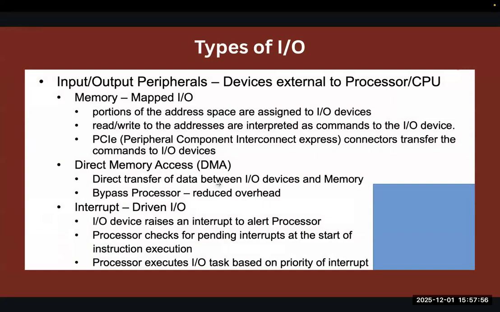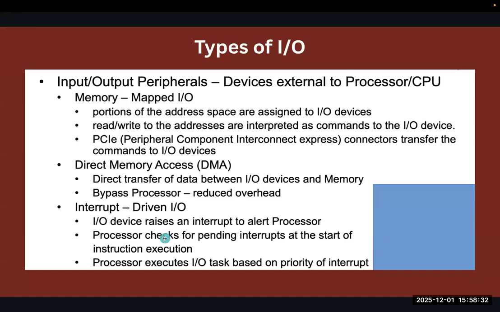Then we have types of I/O. How these different types of I/O interact between the processor and external devices. Although the description is very minimal because the topic is very broad, each I/O is depending on how much CPU involvement they require.